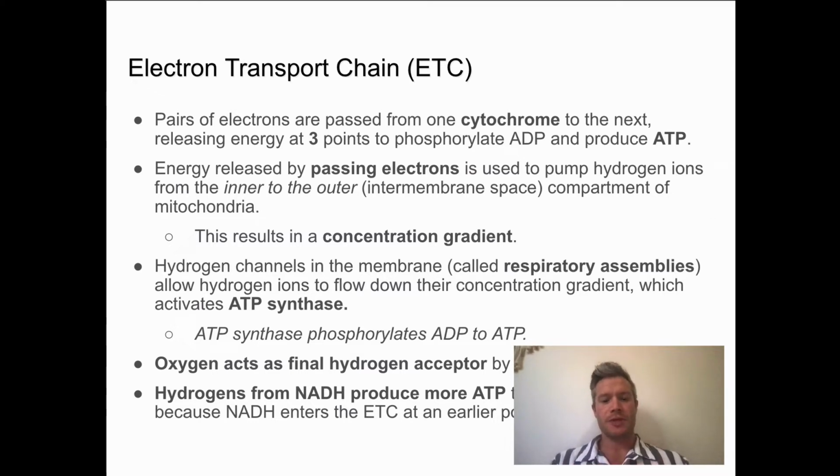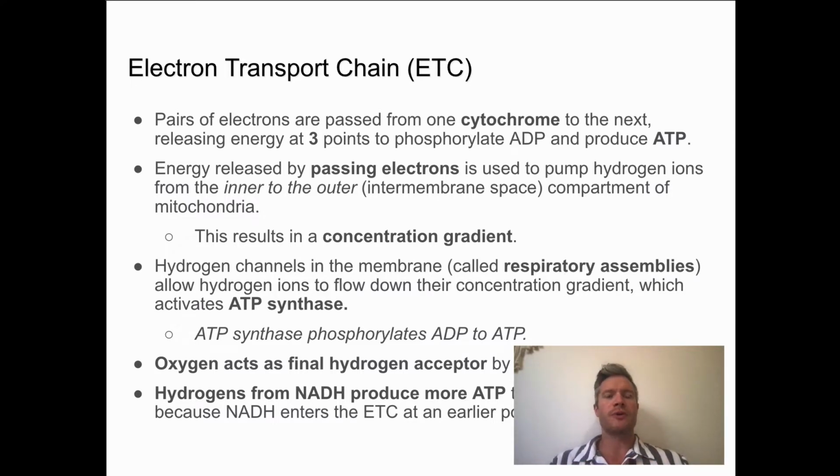But what happens is we get these electrons passing along, and they cause these pumps to move these hydrogen protons from one side of the membrane to another, and creates this gradient, from the inner part of the mitochondria to the outer membrane.